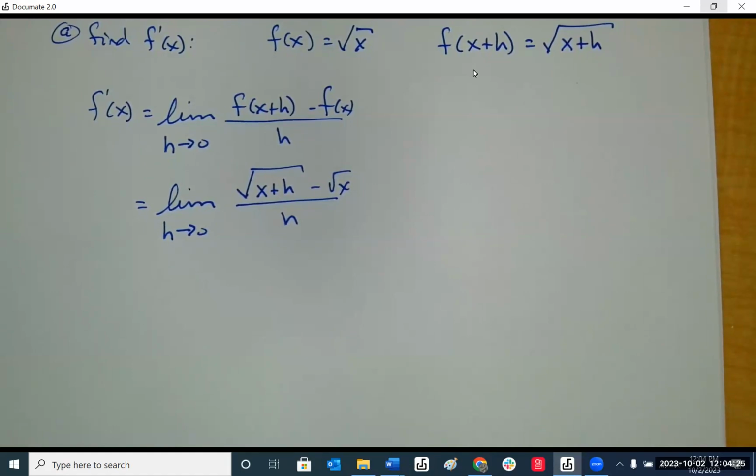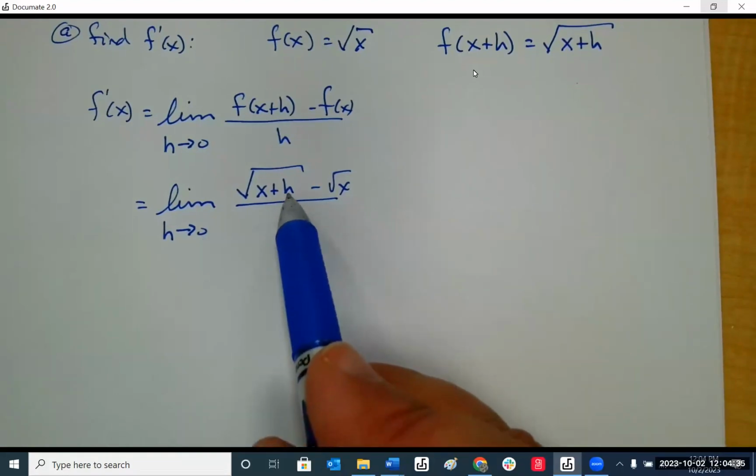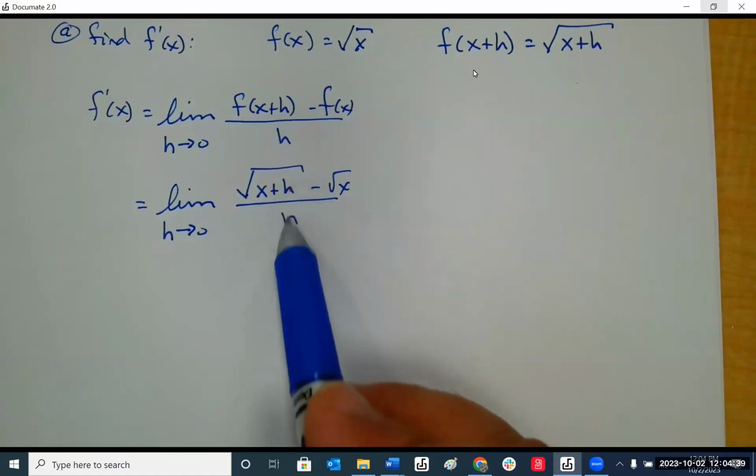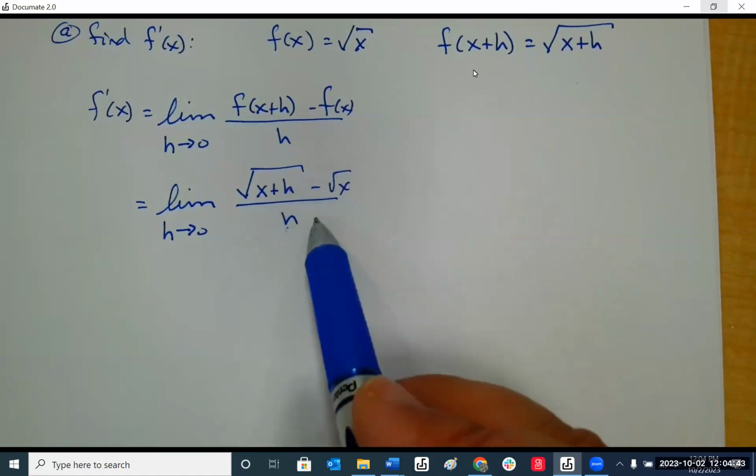In chapter 2, whenever, because if you think about it, when h goes to 0, that's 0 on the bottom. What do we have on top? It's 0 over 0.